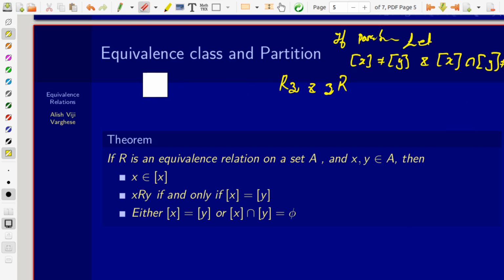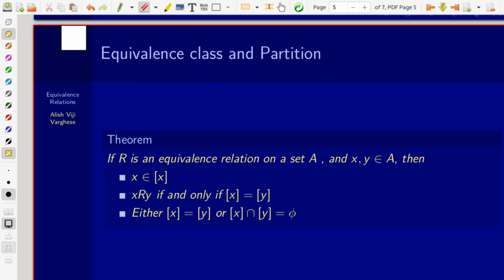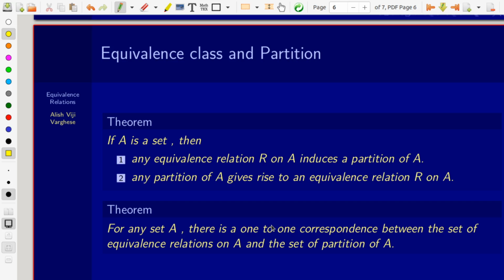So if equivalence classes have this particular property, then the set of all equivalence classes will form a partition of the set. That's our major result: if A is a set, then any equivalence relation R on A induces a partition of A. So if we define an equivalence relation on a non-empty set, that will induce a partition of A into equivalence classes.